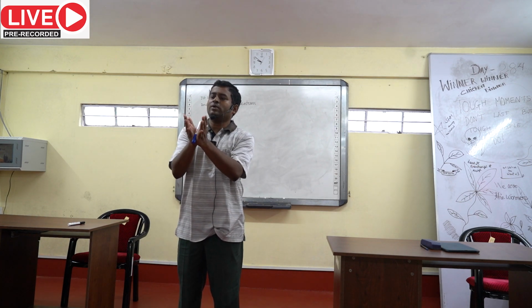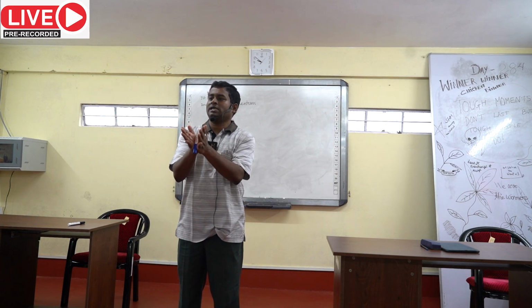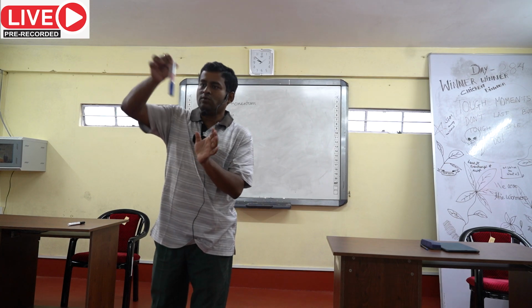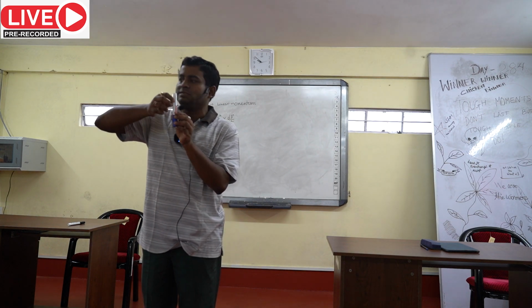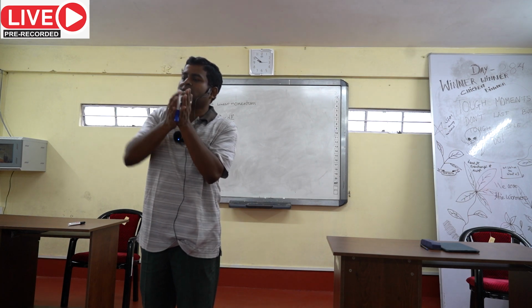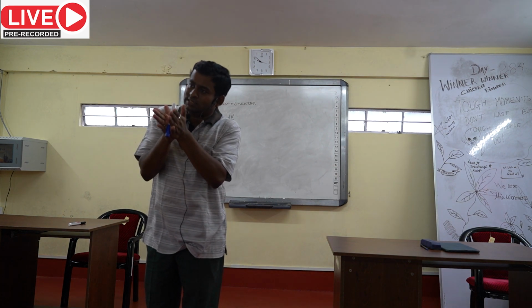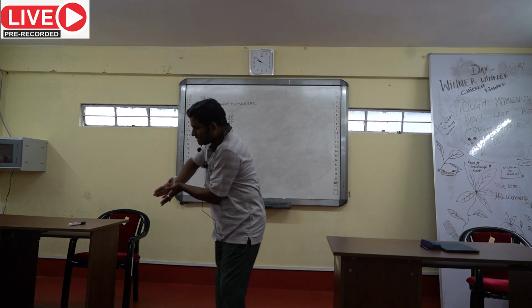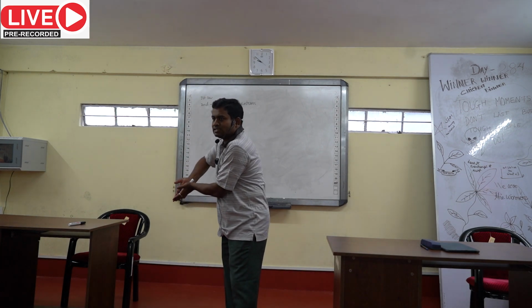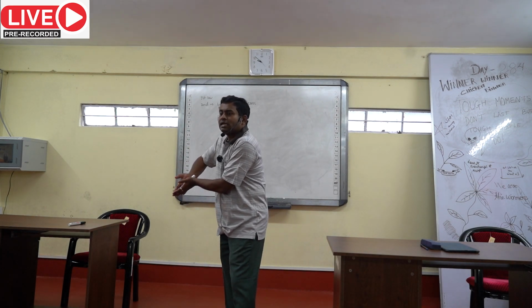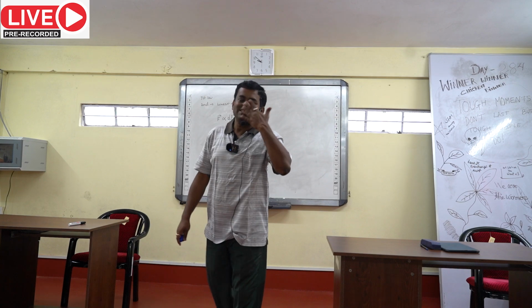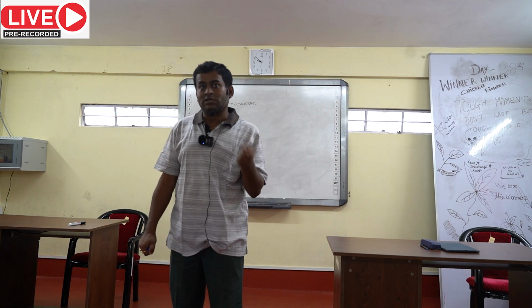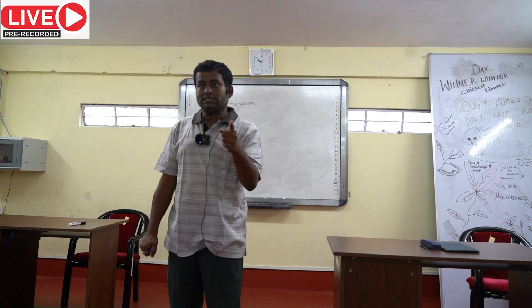The man who keeps his hand over here, because it is coming with a certain velocity, meaning it has mass into velocity, meaning momentum, and its momentum immediately comes to rest. And if I am allowing a certain distance, or a certain time, then its momentum goes to zero over a larger time. Then the rate of change of momentum is more in the first case because time is less.